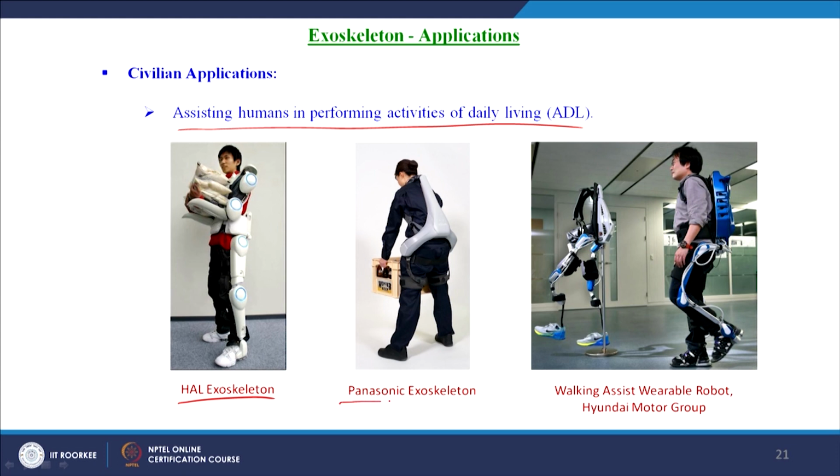And next we have the Panasonic exoskeleton. Then we have the walking assistant wearable robot developed by the Hyundai Motor Group, a South Korean company. These are meant to assist the wearers in enhancing their activities of daily living.